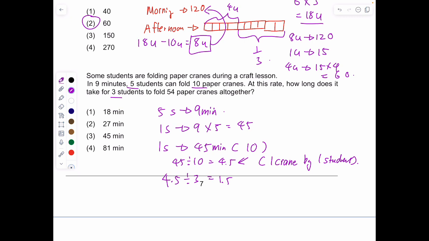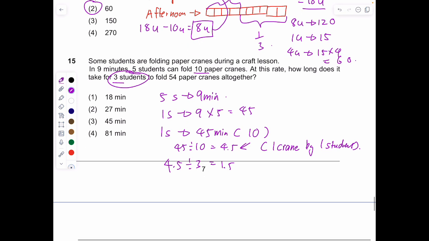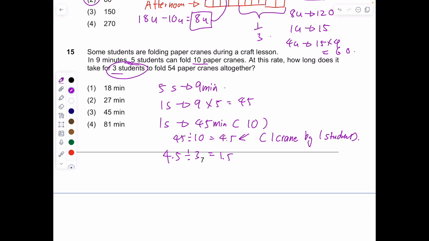So now because of these 3 students, I take only 1.5 minutes to fold 1 crane. So basically, if I want to fold 54, I will take 1.5 minutes times 54. And my answer would be 81.